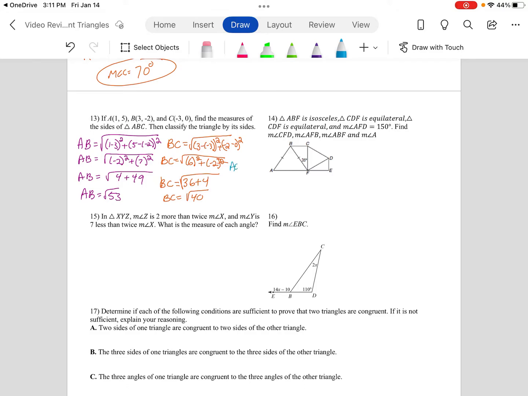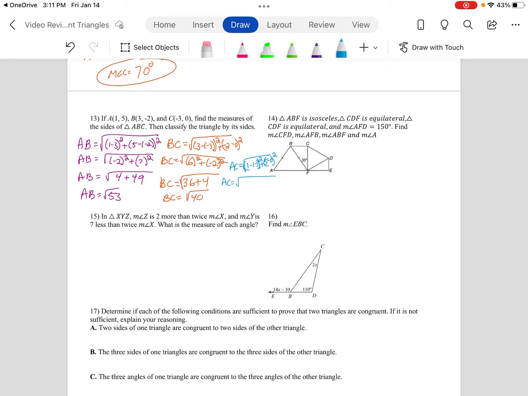And last, the distance from A to C is equal to 1 minus negative 3 squared plus 5 minus 0 squared.